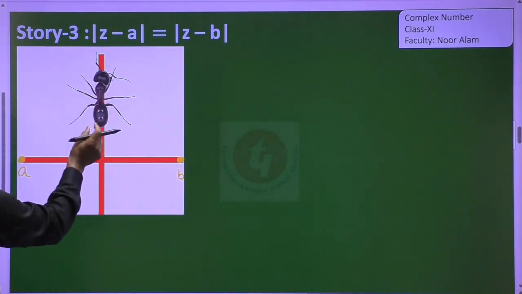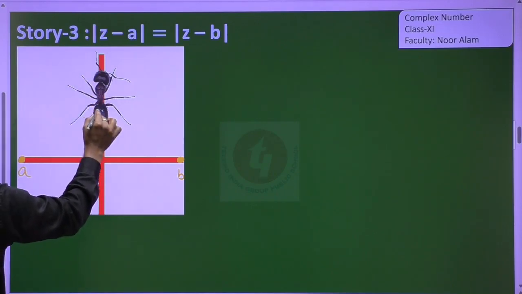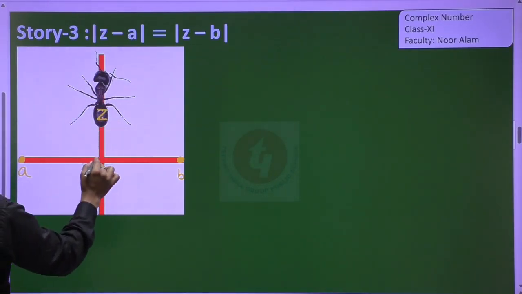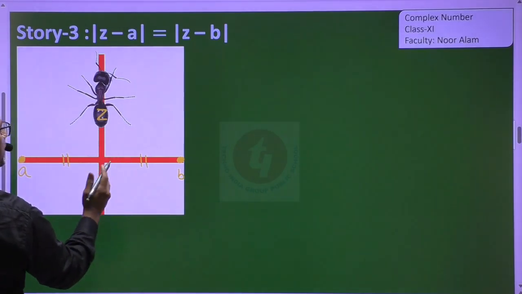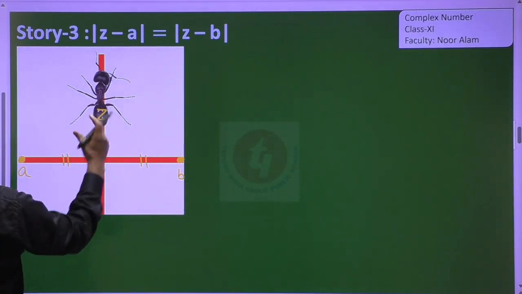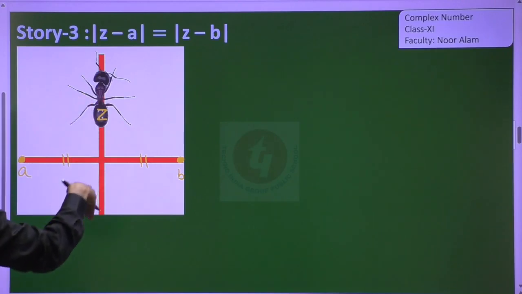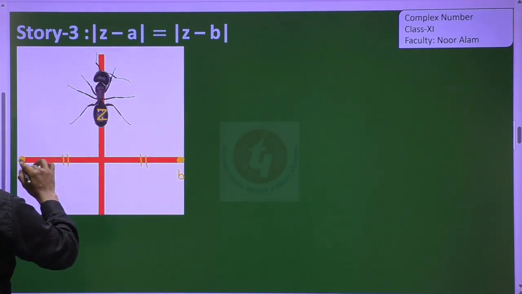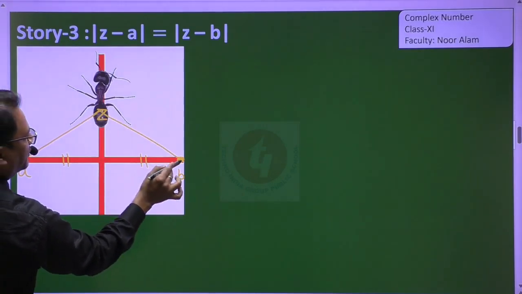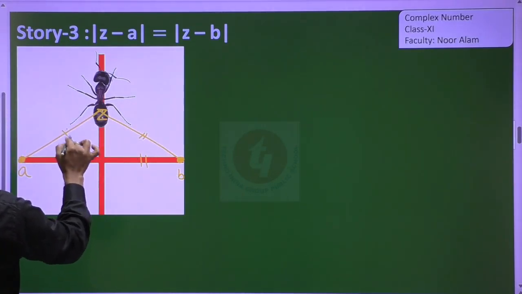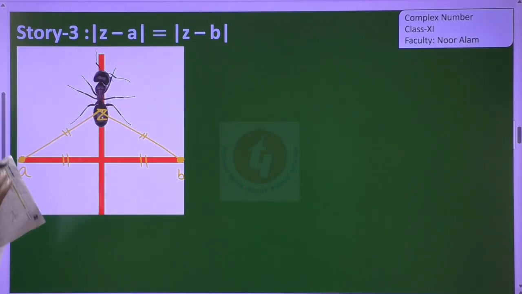Now your moving point z is this ant. When the ant is here, it is equidistant from these 2 points. When z, that means the ant, is moving upward or downward, every time the ant forms the isosceles triangle. And in case of an isosceles triangle, these sides are the same.